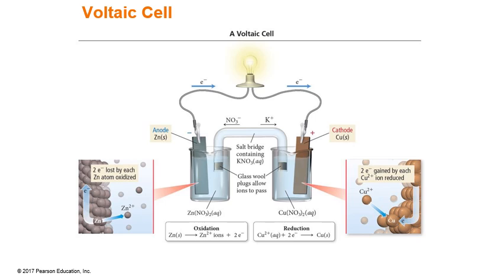If we separate the oxidation from the reduction, it allows us to harness the flow of electrons to produce electricity. And so if we keep these separate, they're called half cells. And we can remember which one is which by a mnemonic device, An Ox and Red Cat.